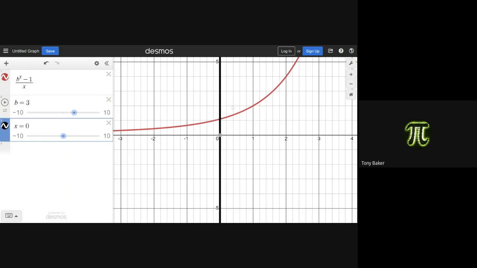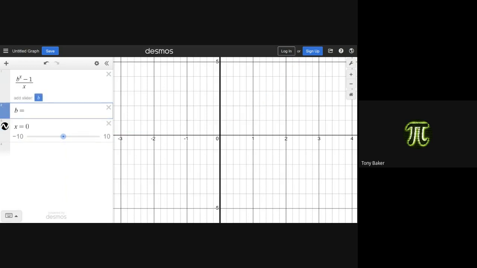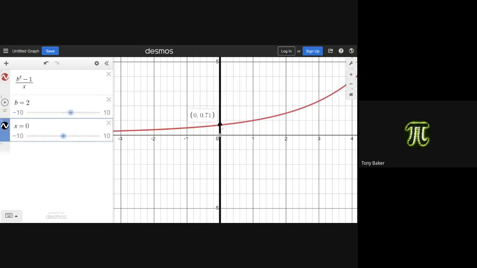So at some point between those two values, the limit has to be what? At 3, it's 1.09. And at 2, it's 0.69. So at some point between those two, it has to be 1, correct?